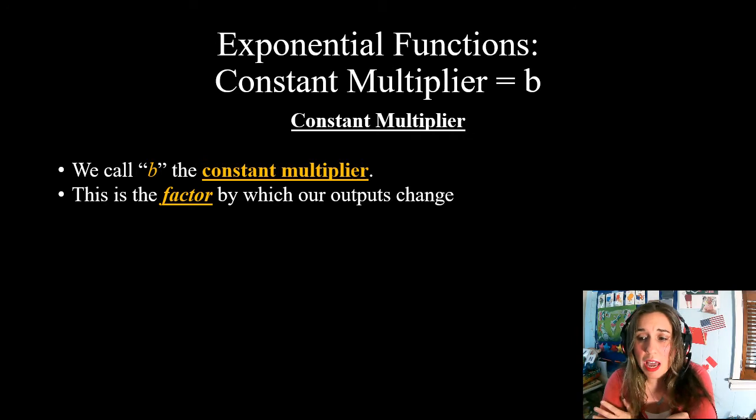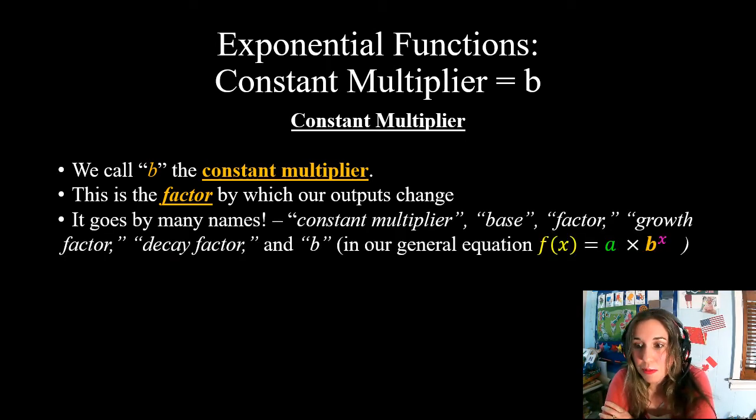In a table of values for a linear function, we saw that we were adding or subtracting some constant number to go from one output to the next as our inputs increased at a constant rate. It's different with exponential functions. We're not adding and subtracting anymore. Now we're multiplying by some constant factor as our inputs increase.